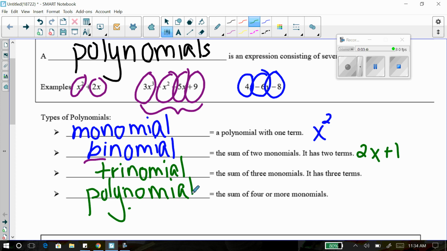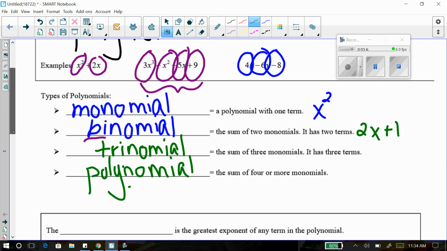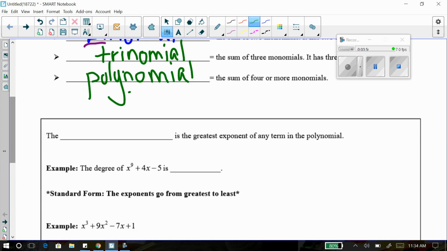All right, let's scroll down a little bit. The blank is the greatest exponent of any term in the polynomial. That was degree, right? So the degree is the biggest exponent, and we know that an exponent is the little number up there, that blue number. That's an exponent.